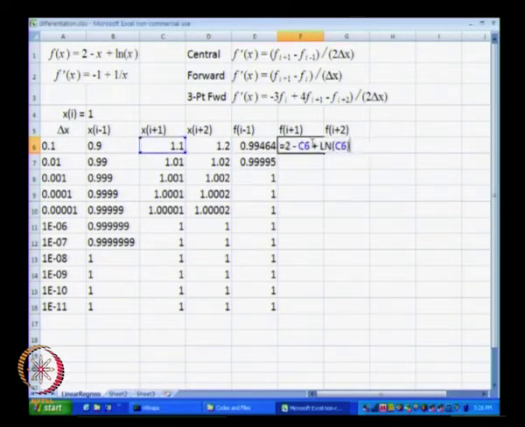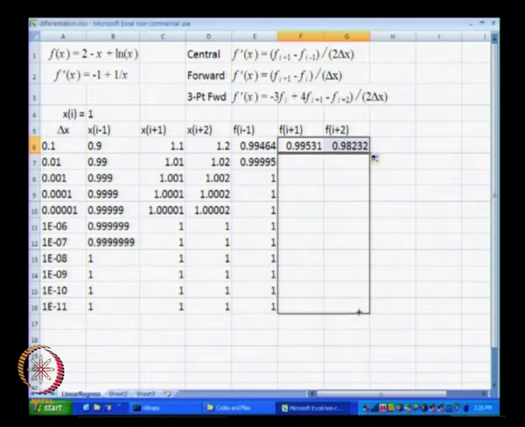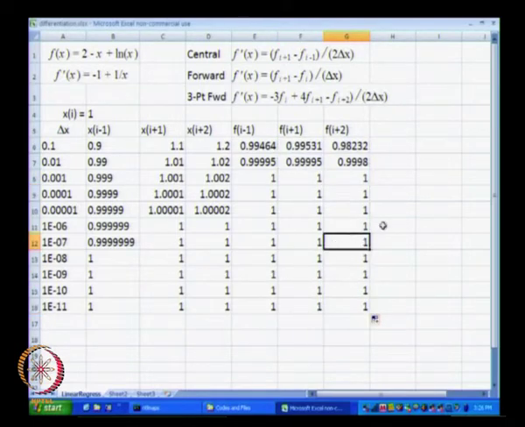So we will get f of i plus 1 and f of i plus 2, and then we drag and drop it over here. So these are the values of f of i minus 1, f of i plus 1 and f of i plus 2.